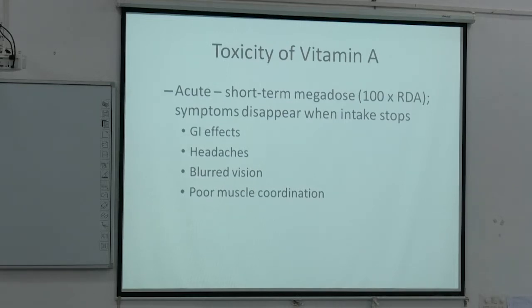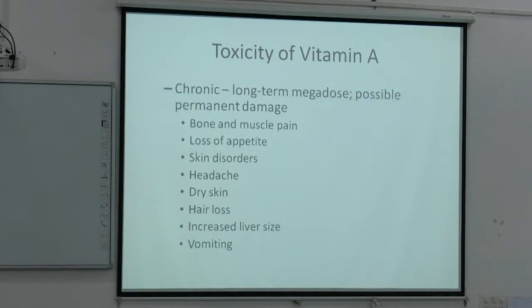Blurred vision, poor muscle coordination, GI effect means uneven bowel movements and headaches. You get a chronic long-term megadose.